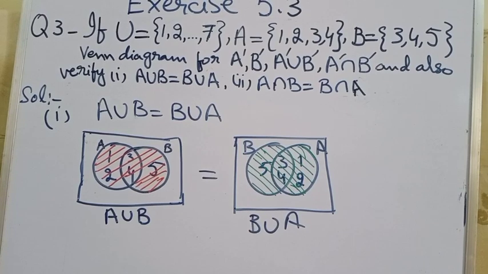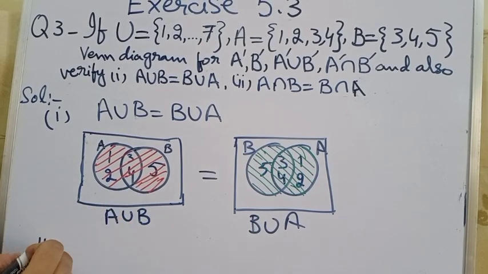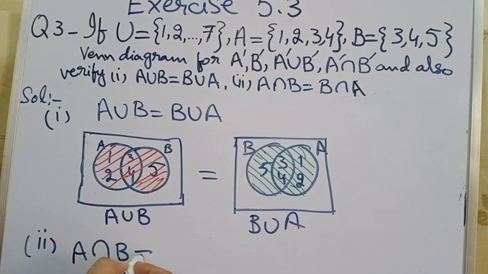So next we have A intersection B is equal to B intersection A.